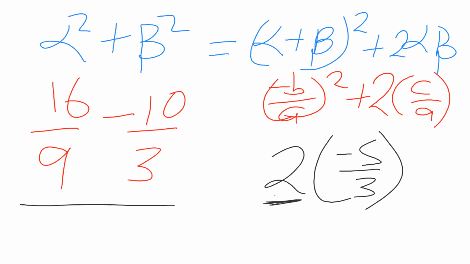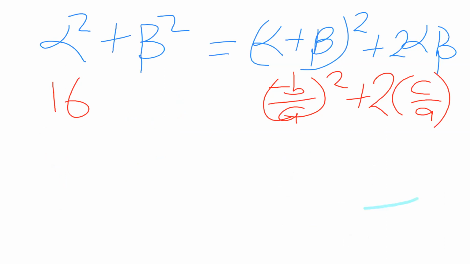It's like this 2 has an invisible 1 under it. You know that brackets mean times. So it's as good as writing 2 over 1 times negative 5 over 3, where we just multiply numerator to numerator. So this 2 is regarded as a numerator that should multiply the numerator. Did you get that? Yes, sir. Okay.